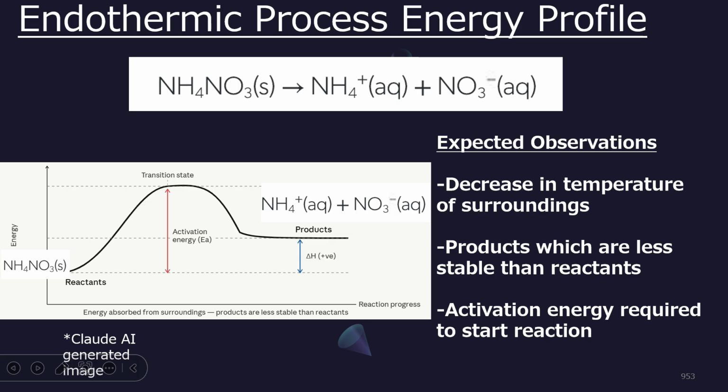So if you do this in a coffee cup calorimeter, your water will get colder. Still needs to go through a transition state, up that big hump, and then finishing at products. Products are higher than reactants in this potential energy scale. So we should observe a decrease in temperature of surroundings, products less stable, but still activation energy required.